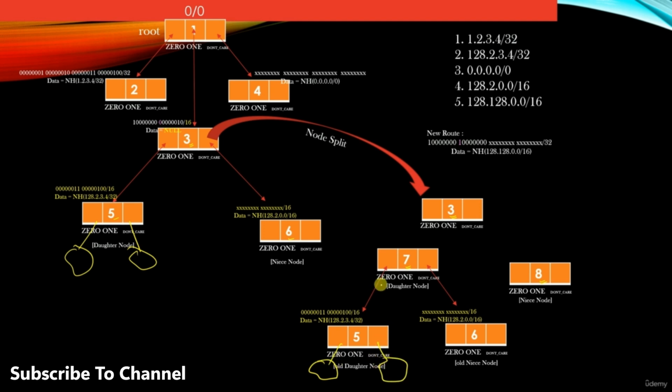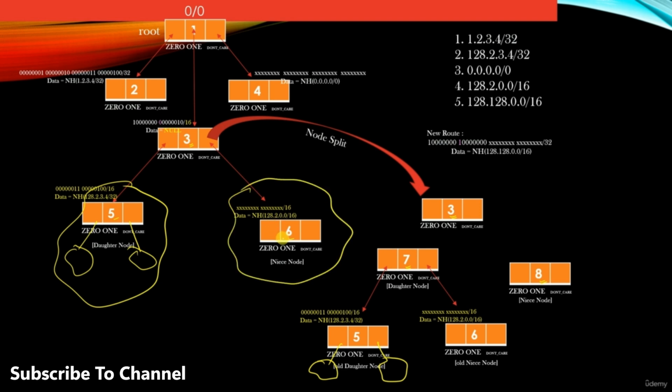So in fact here we are transferring the entire subtree which is rooted at node number 5. When I say moving the children, that is node number 5 and 6, it simply means I am moving the entire subtree rooted at node number 5 and the entire subtree rooted at node number 6 from node number 3 to node number 7. Alright. So remember that we are not just moving the children, we are moving the entire subtree.